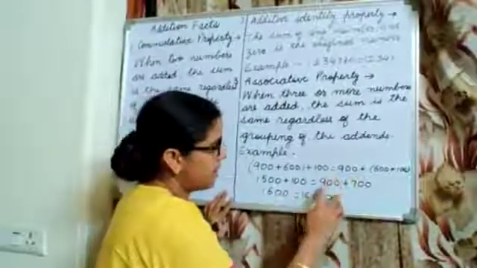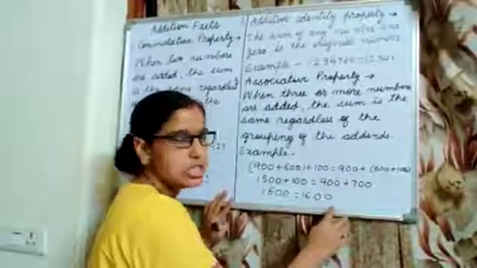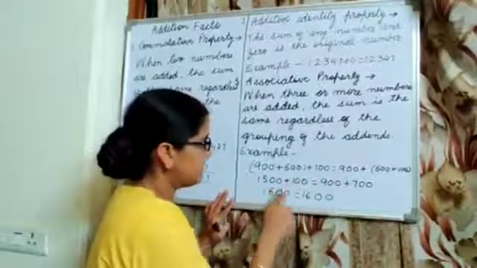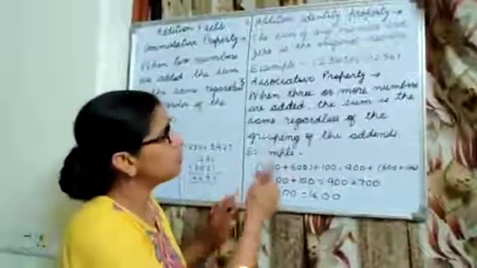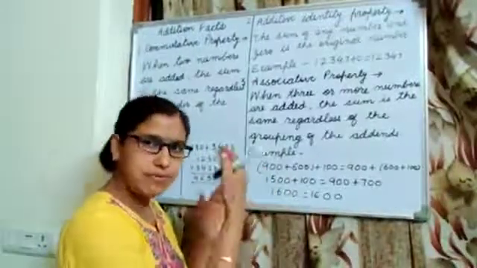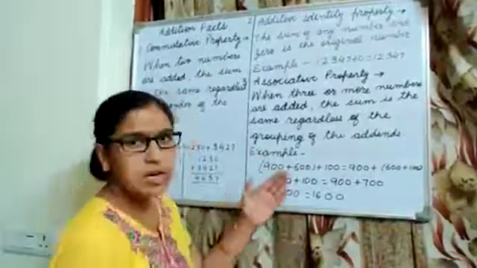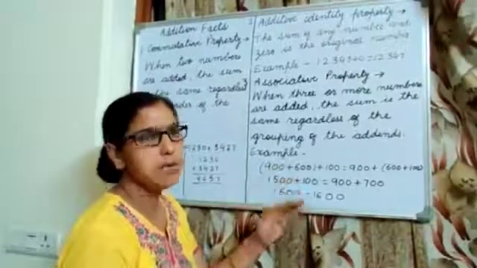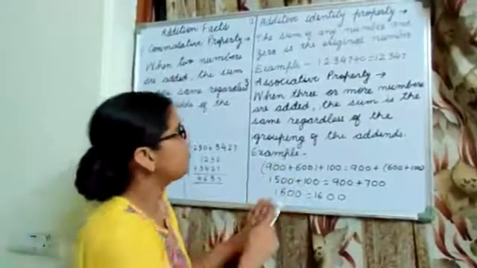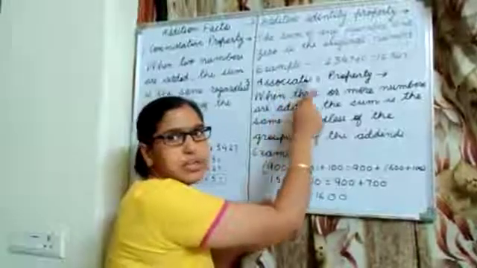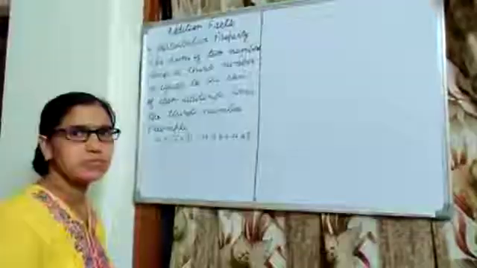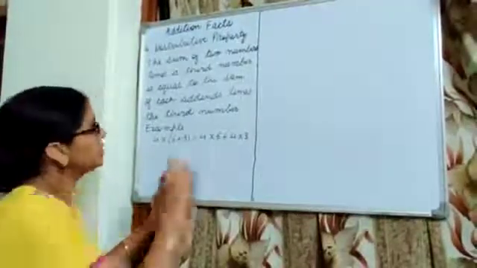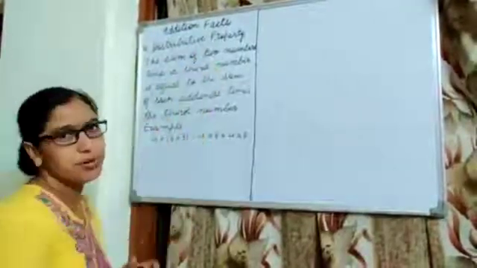Now add 900 and 700, that is 1600, and 1500 plus 100 is 1600. You can see that when we regroup the numbers and find the sum, the answer remains the same. The name of this property is the associative property.